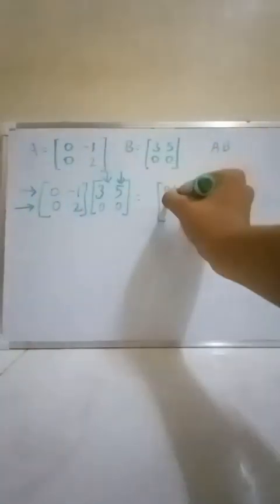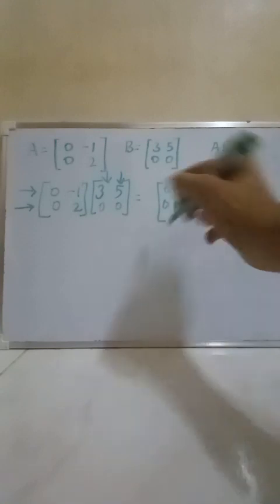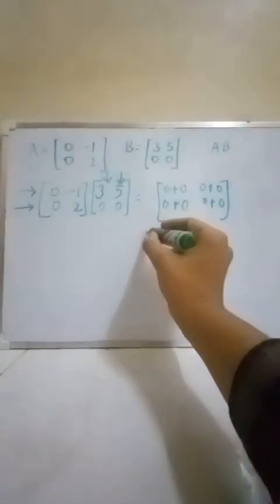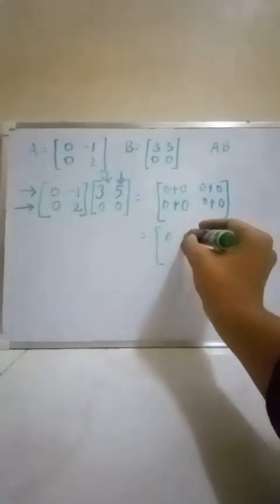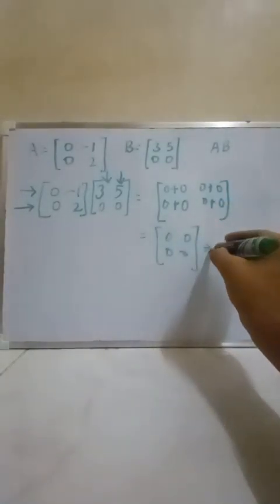Then now second row with the first column, 0 times 3 is 0, plus 2 times 0 would be 0. And finally second row with the second column, 0 times 5 would be 0, and adding it with 2 times 0, it is also 0. So if you check the final matrix, it has all the elements as 0. So this is a 0 matrix.